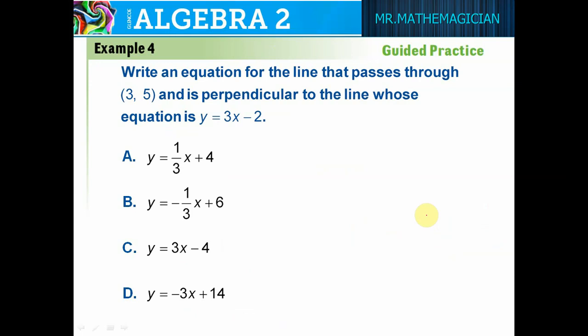Now it's your turn to answer. So pause the video and try to solve, and you will find the accurate choice will be B. Let me show you how. Write an equation for the line that passes through (3, 5) and is perpendicular to the line whose equation is y equals 3x minus 2.